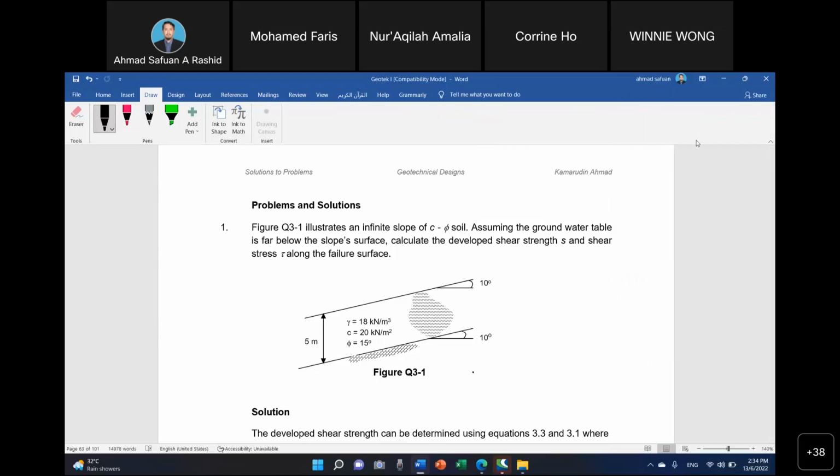Assuming the groundwater table is far below the slope surface, calculate the developed shear strength S and shear stress tau along the failure surface.